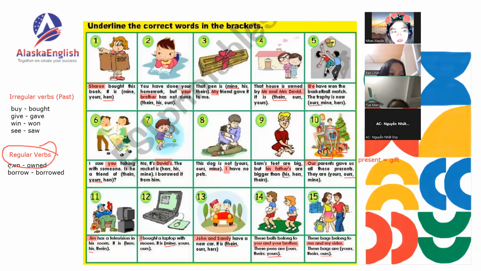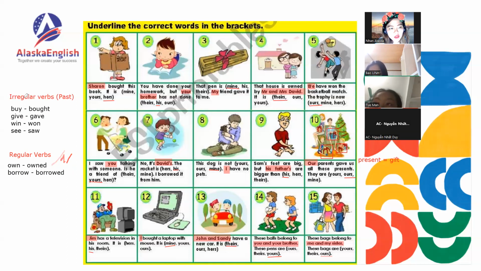The regular verbs we have: own, owned, borrow, borrowed. Both of them have the D, because sometimes the ED can sound like id, d, and t. In this case, both of them have the d sound. All right. How about Tweeman?